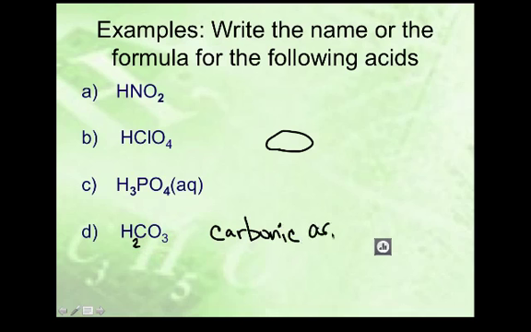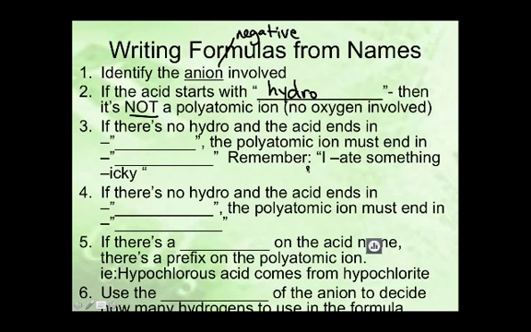If the acid starts with hydro, then we know we don't have a polyatomic ion, so it's not an oxyacid. If there's no hydro and the name ends with -ic, then the polyatomic ion has to end with -ate.